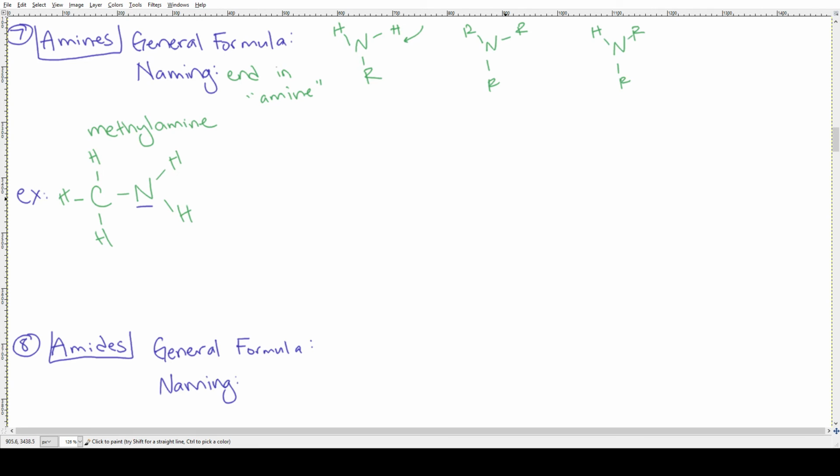Okay, let's try drawing. What should we draw? How about ethylamine? Try it without me. Hopefully you paused and tried it out. So ethylamine will have 2 carbons bonded to a nitrogen, which then has its hydrogens.